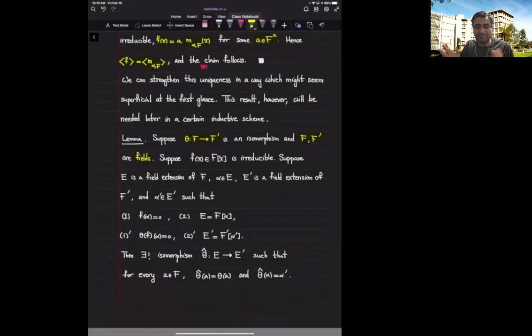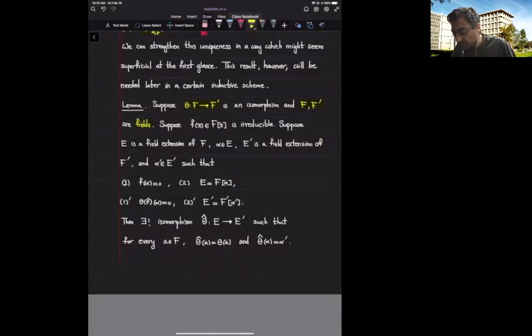So when I say it's a field isomorphism, automatically I'm implying that both domain and codomain are fields, and this map is a ring homomorphism. Okay, now suppose f is an irreducible polynomial with coefficients inside the field capital F.